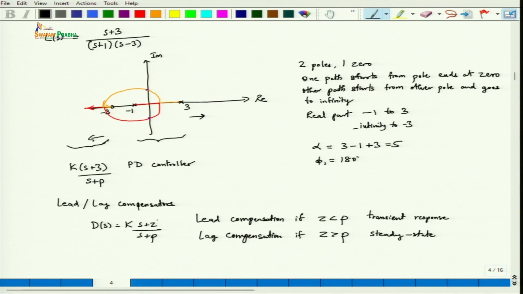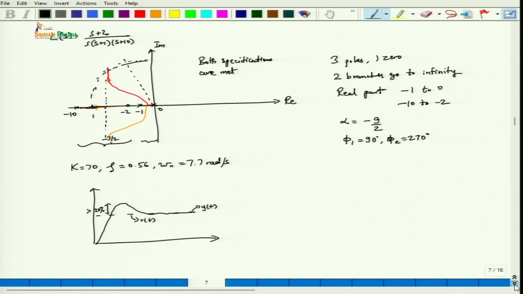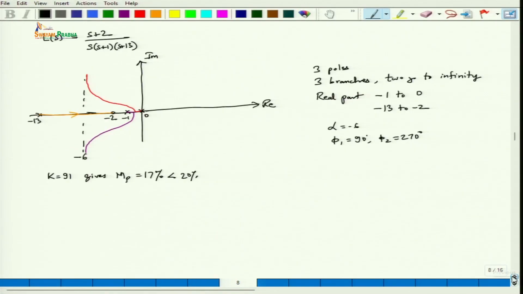So choosing the pole or the zero location in this compensator can at times be a trial and error method. So you will have to plot the root locus as well as the step response and see how it performs. You can start with an initial guess based on the root loci, accordingly plot once you get the gains and the pole zero location, you can plot the step response.